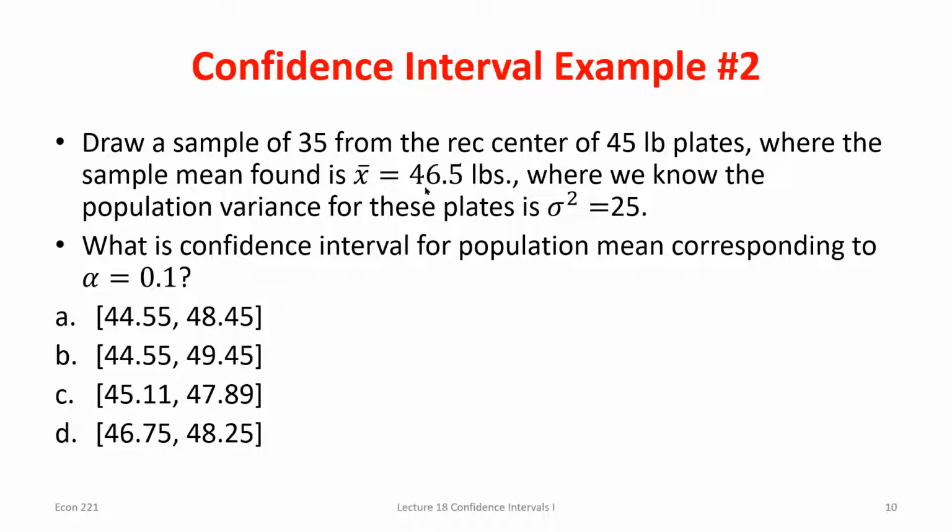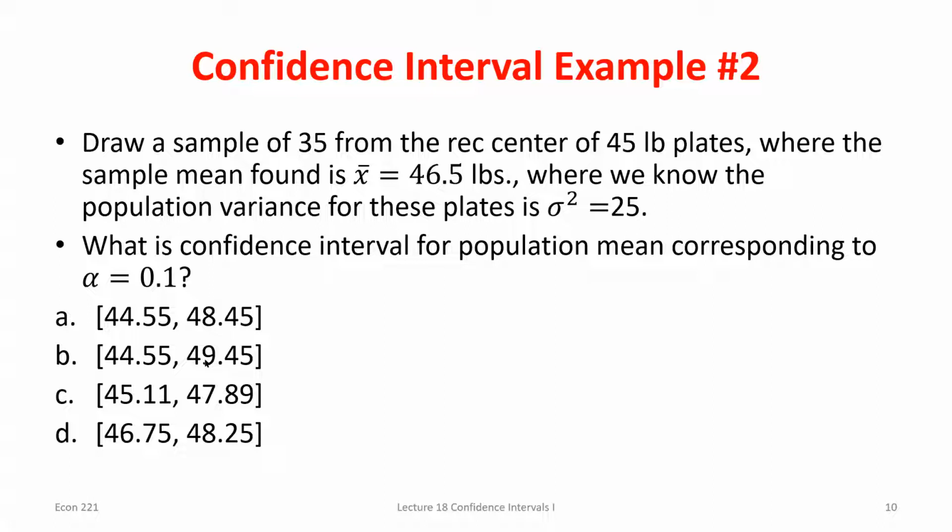So if the sample mean I found was 46.5, that's not even in this confidence interval, right? 46.5 is actually outside. Doesn't make any sense. We're using that sample mean to build our confidence interval around it. So we can rule D out right away. And then this one's a little bit more tricky, but if I look at B here, 46.5 is just about 2 away from the lower bound, but it's about 3 away from the upper bound.